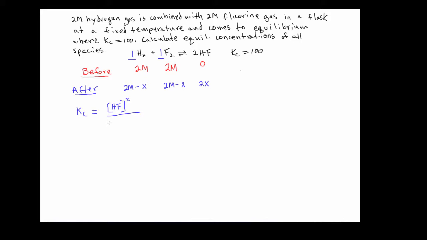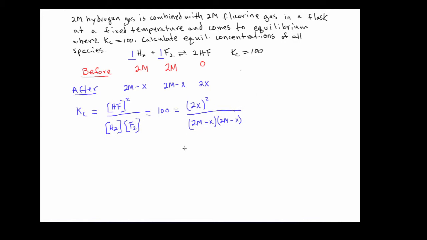This will be divided by the concentration of H2 raised to the first power times the concentration of F2 raised to the first power. Now I'm going to plug in my numbers. So we're going to have 100 is equal to (2x) quantity squared over 2 molar minus x times 2 molar minus x.